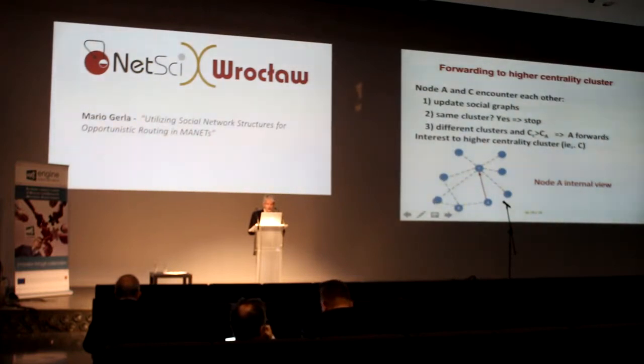And this is a picture that explains the rationale for it. You have node A and node C. You see here node C has passed to more nodes, so clearly node C pictorially has higher centrality than node A, which only talks to a neighbor. So A will pass on the message to node C.